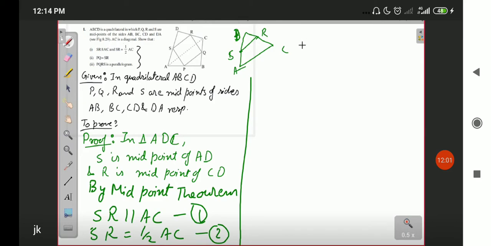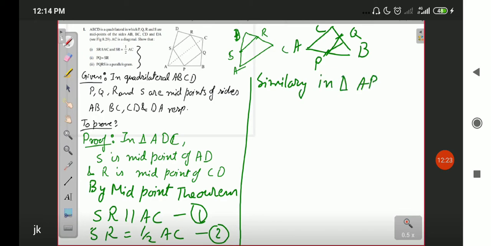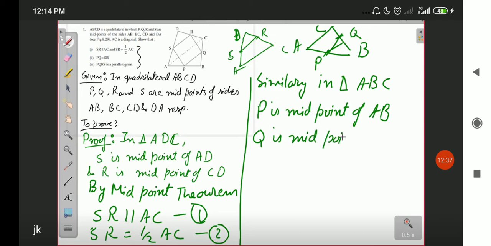Similarly, we will take the triangle below the diagonal. This is A, this is C, there is B, there is P, there is Q. Similarly, in triangle ABC, P is the midpoint of AB, Q is the midpoint of BC.